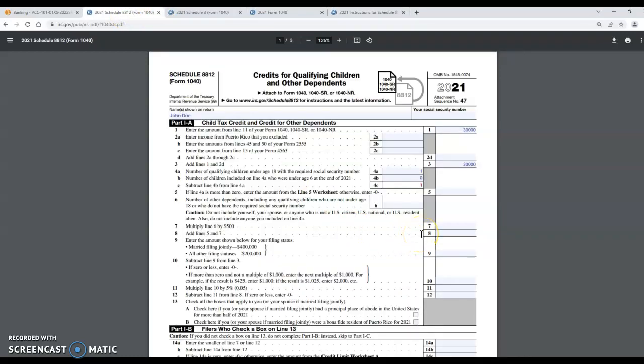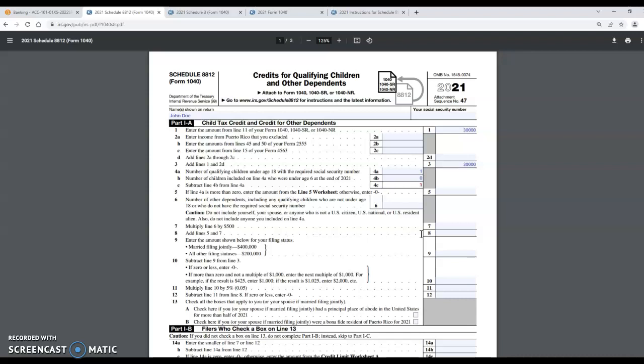Basically what this does is it takes it through a series of things. The child tax credit has certain limits to how much your AGI can be. So if you made over a certain threshold, then you can only get the old child tax credit, which is $2,000 instead of this year it's $3,000.